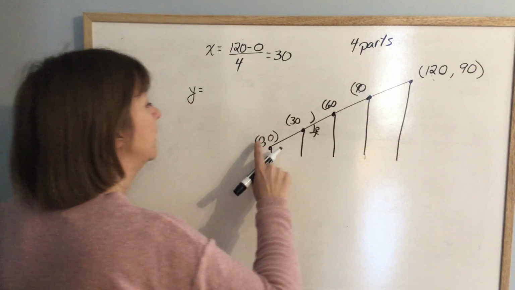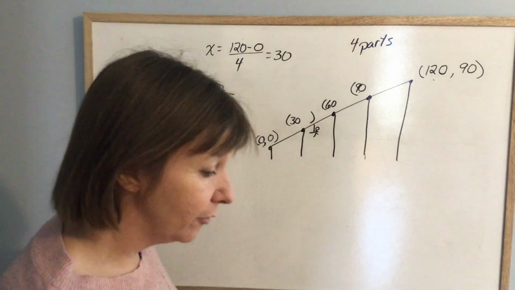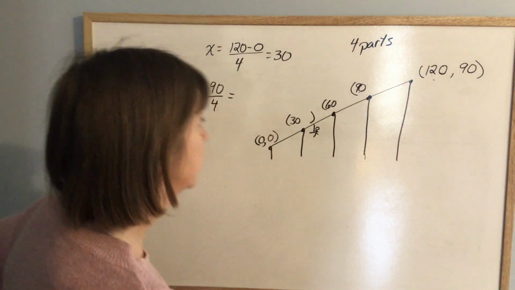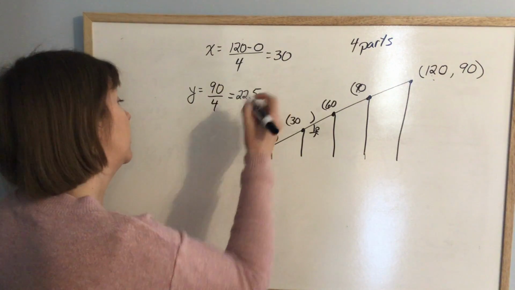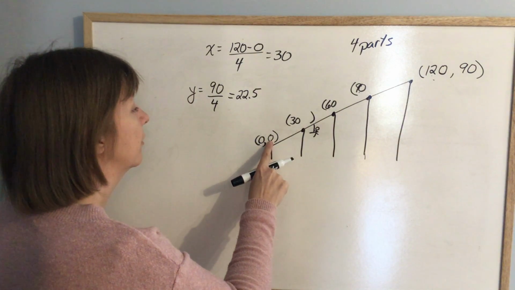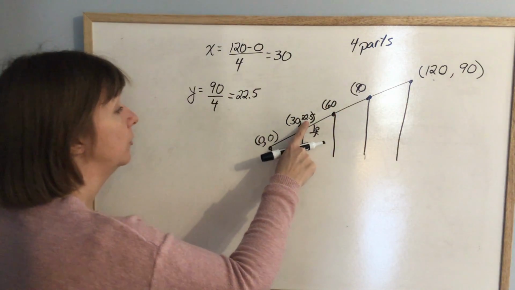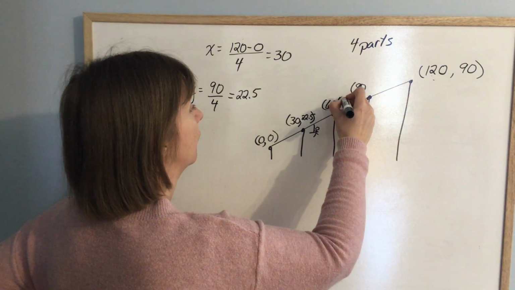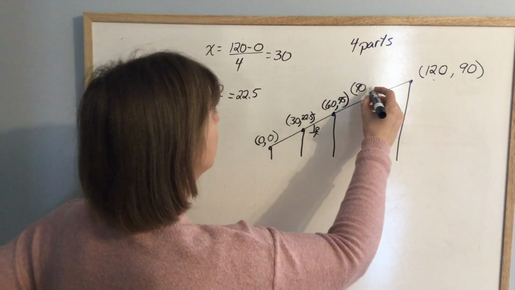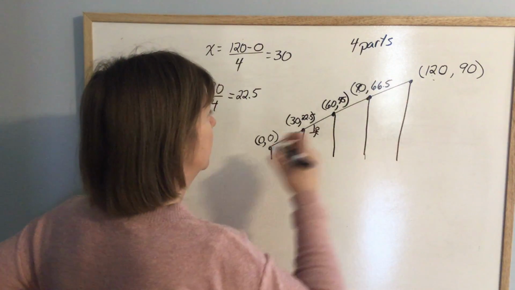It would be 90 minus 0 divided by 4. Now that one doesn't work out as nicely, unfortunately, but it is 22.5, which is annoying, but I think I can handle it. We're going up, so I'm going to add. 0 plus 22.5 is 22.5. 22.5 plus 22.5 is 45. 45 plus 22.5 is 66.5, I think.